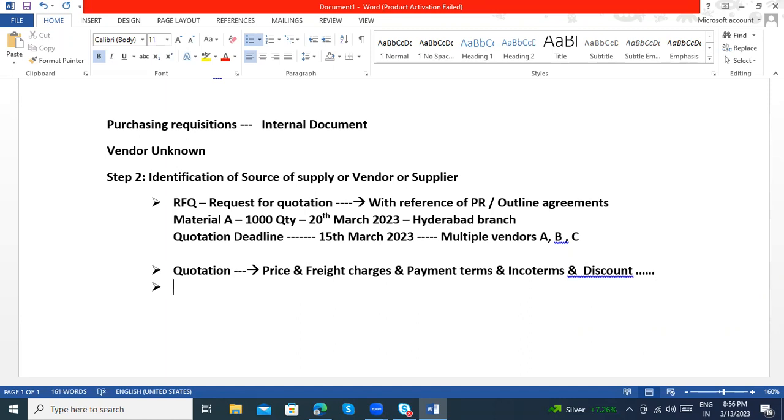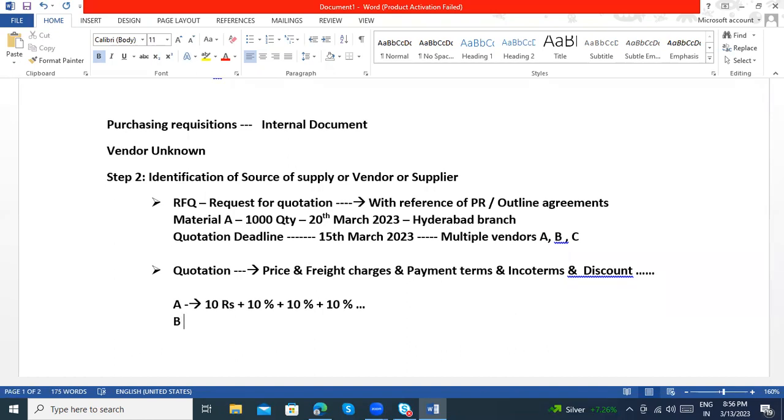Because suppose the person here is saying, boss, I can give it for 10 rupees only. But there will be 10% freight charges, plus 10% labor charges, plus 10% packing charges. Then what is the use? Right?